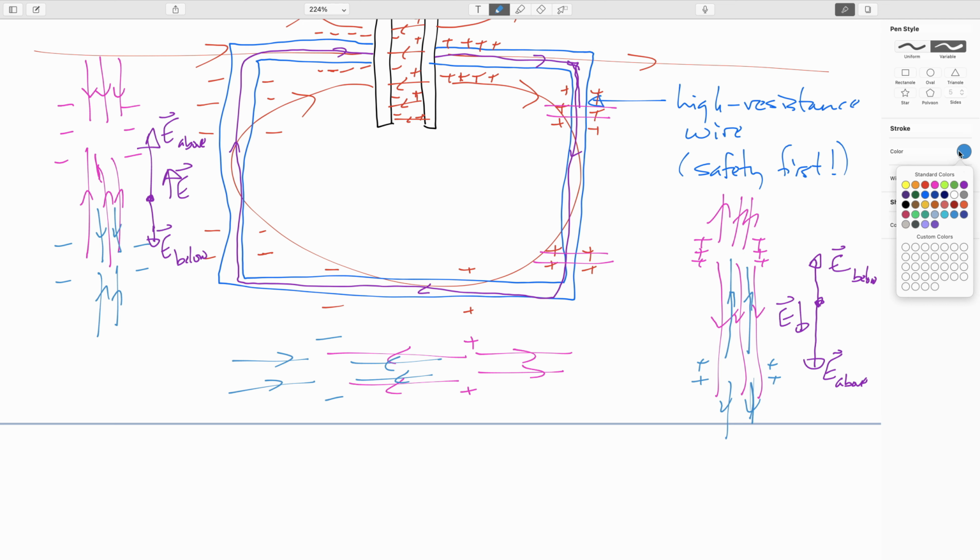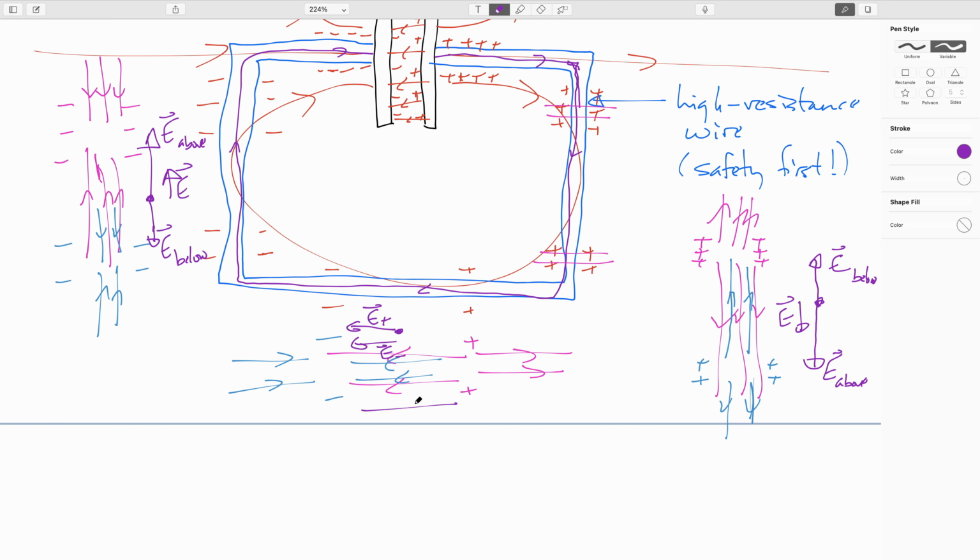So again, right here, the contribution from the charges coming from the right, we'll say E plus here, is pointed to the left. And similarly, E minus from the negative charges is also pointing to the left.